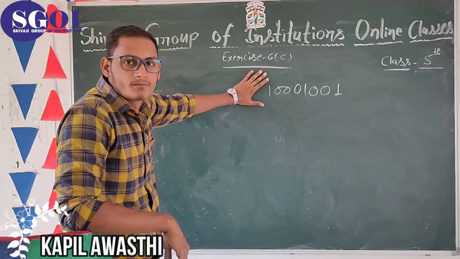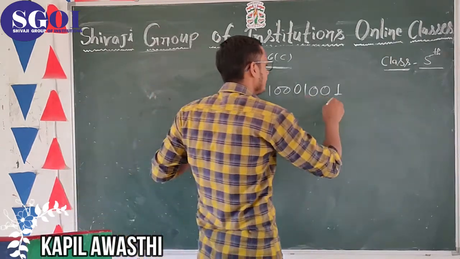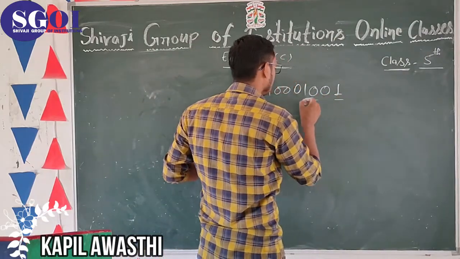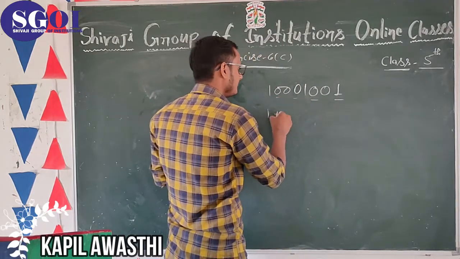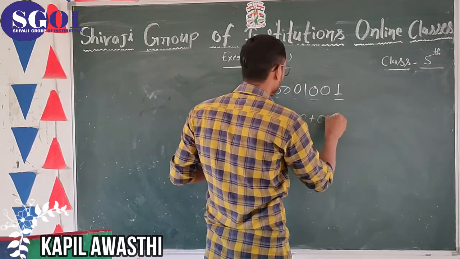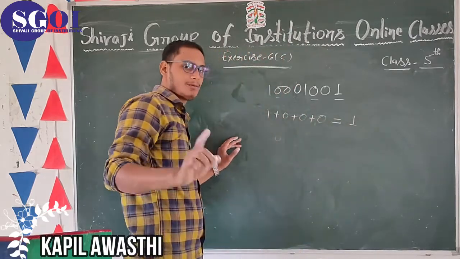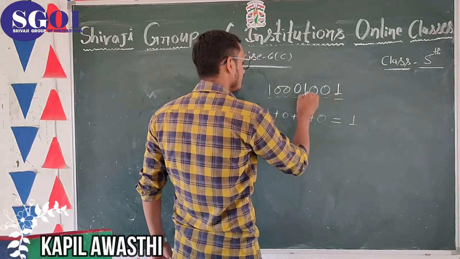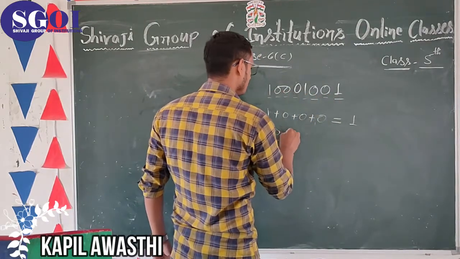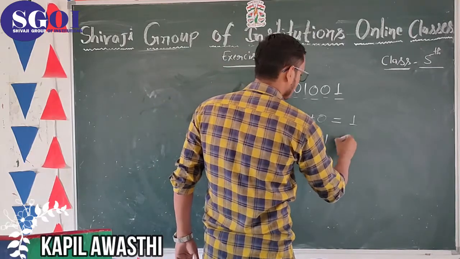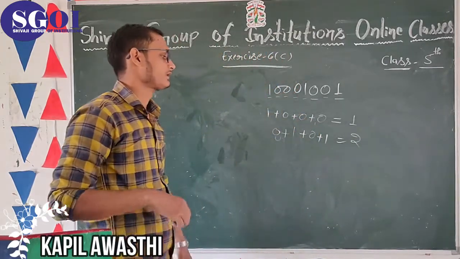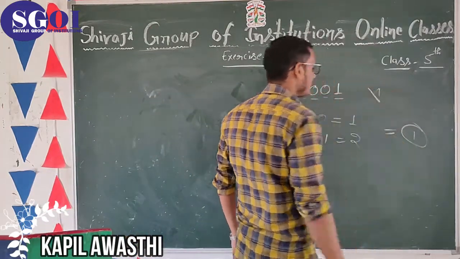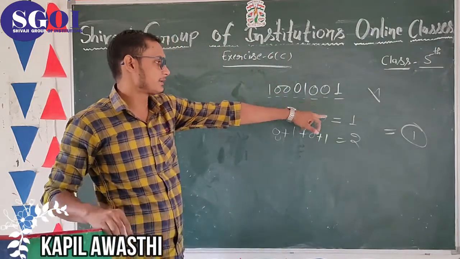The sum of the odd place digits, places 1, 3, 5, 7: 1 plus 0 plus 0 plus 0 is equal to 1. The sum of the even place digits, places 2, 4, 6, 8: 0 plus 1 plus 0 plus 1 is equal to 2. The difference of odd places and even places is 1. So this number is not divisible by 11.